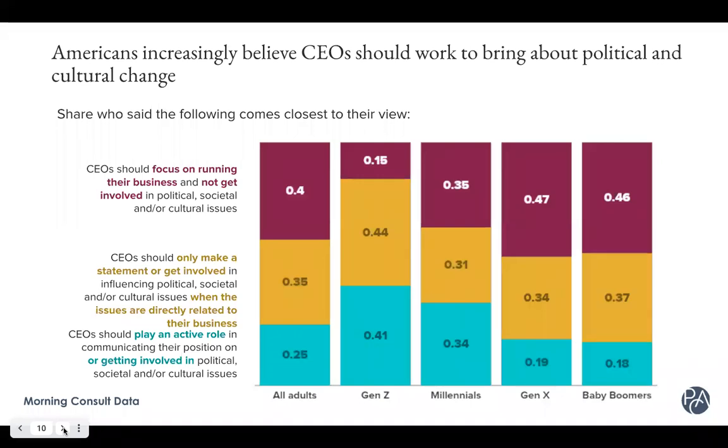What the public really wants is when these issues are directly tied to the business, when your organization has a clear effect on what's going on in society or politically, that they do get involved there. And there's probably another social issue, another political issue that comes up every week.